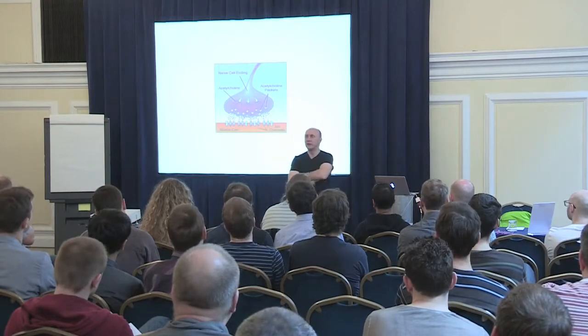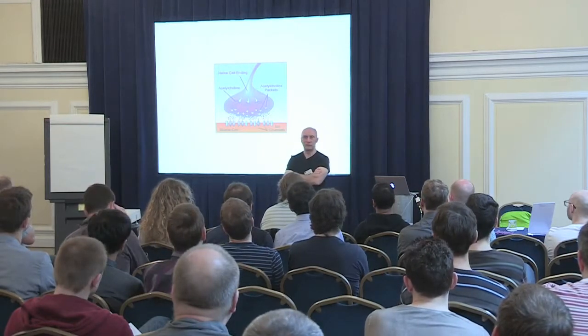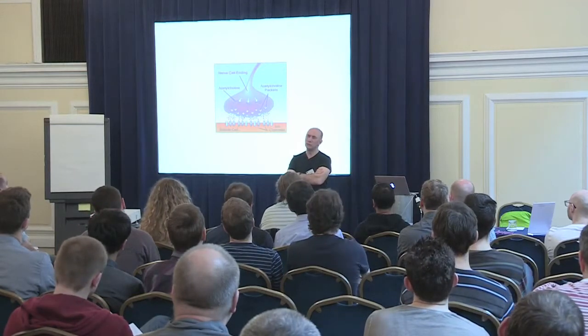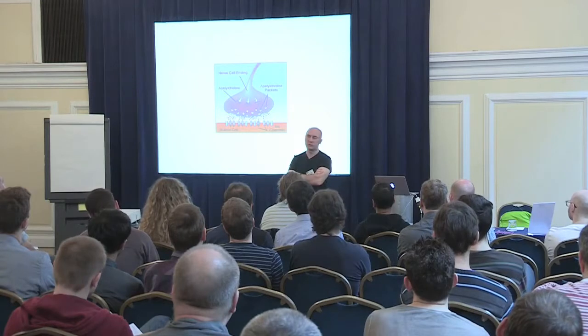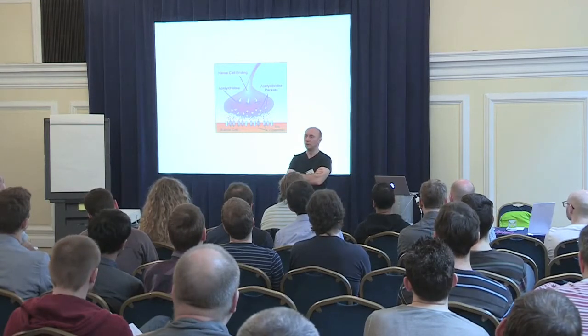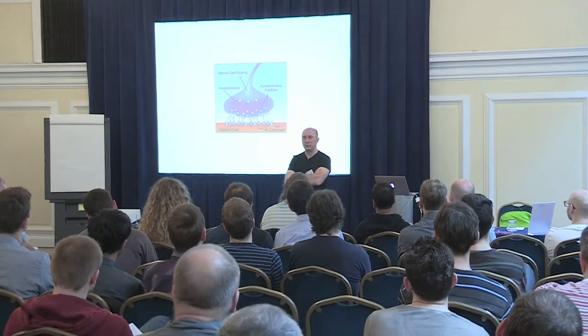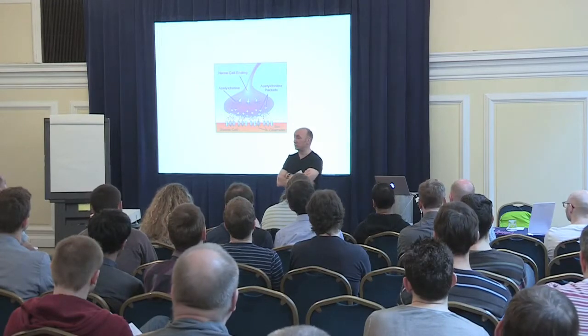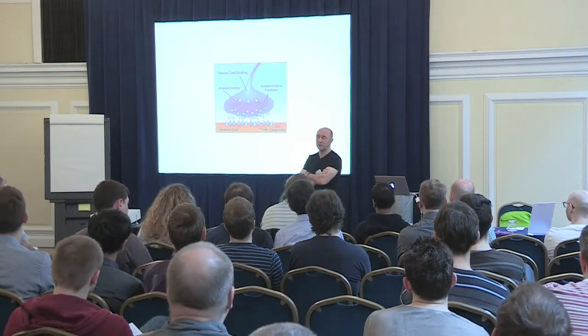So my question now is, if object orientation is like those cells communicating, and we are doing object orientation today, then where is dependency injection in this picture? Because it seems the foundation of today's object-oriented practice.